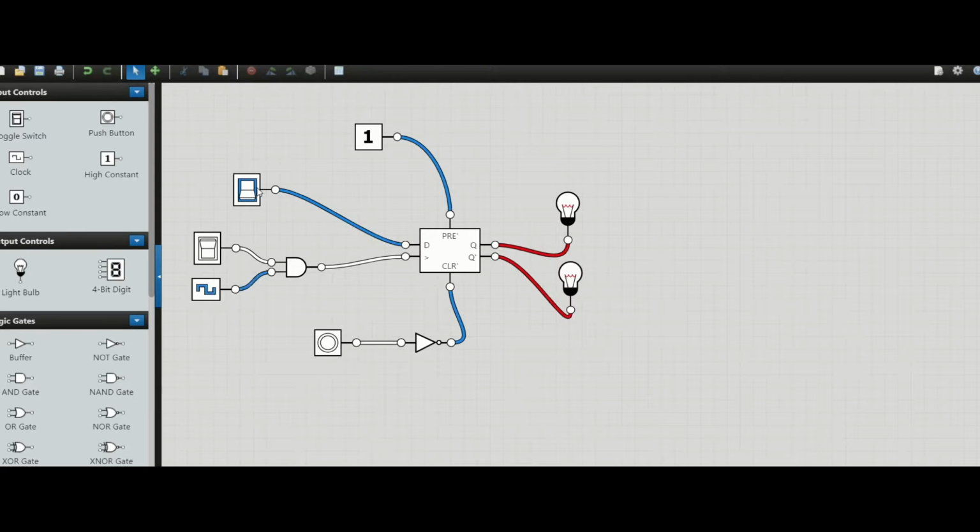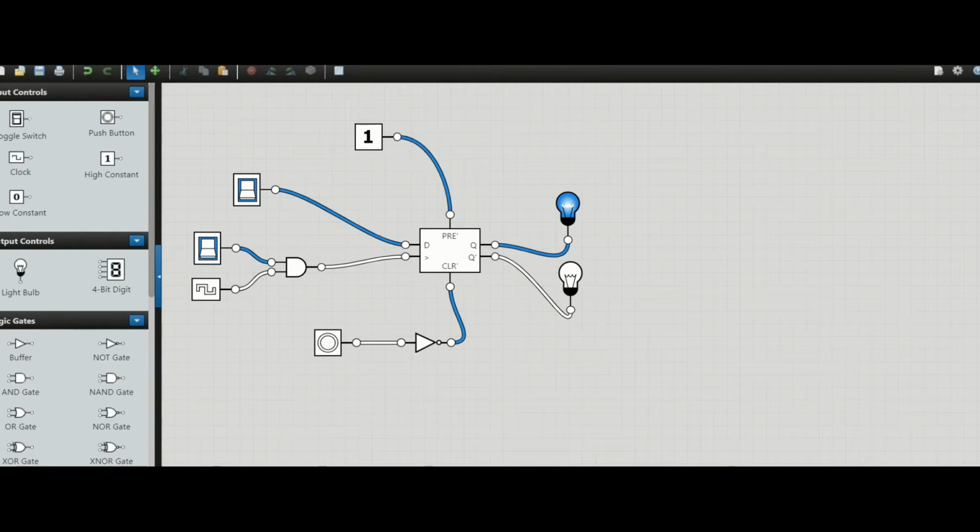There are no outputs yet. So if we turn on the enabler, then we have Q dash as 1. We turn on the second switch, then as the clock signal goes, we have Q 0, Q dash 1. Turn on both, then Q is 1 and Q dash is 0.